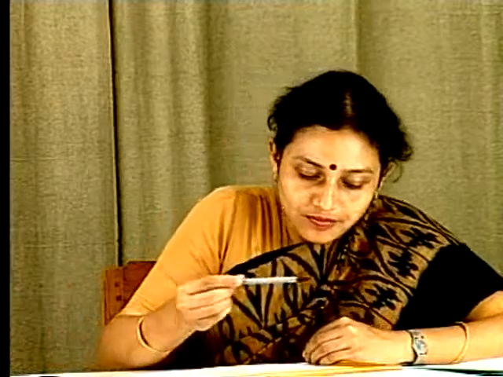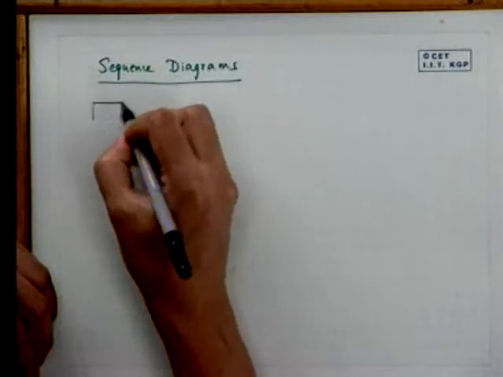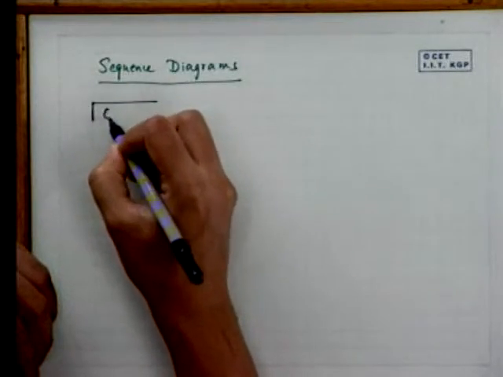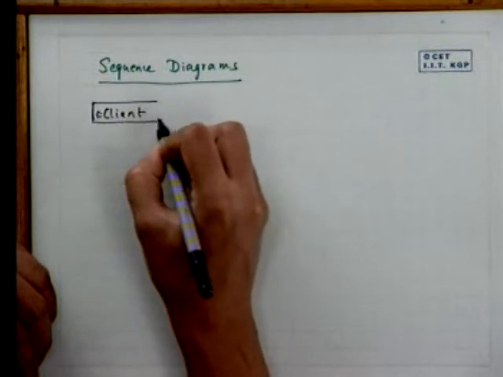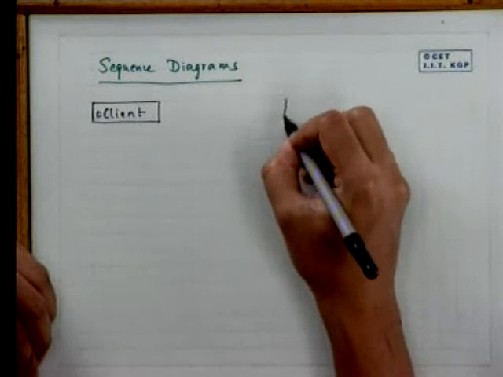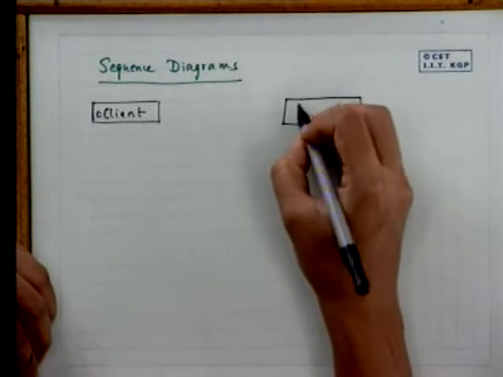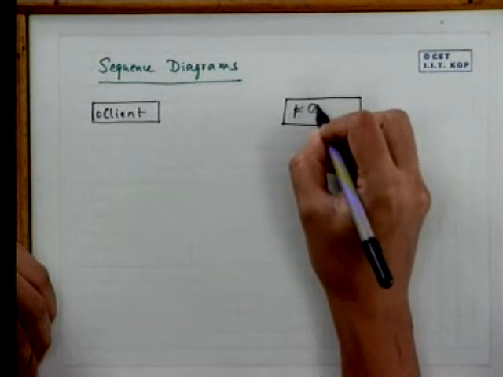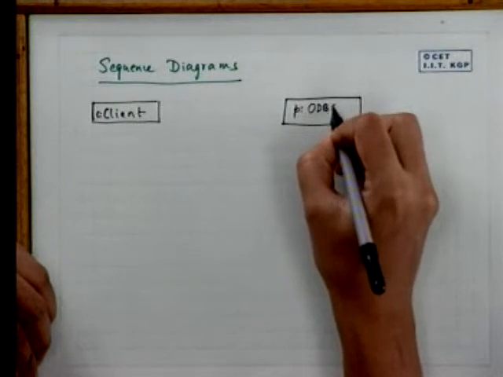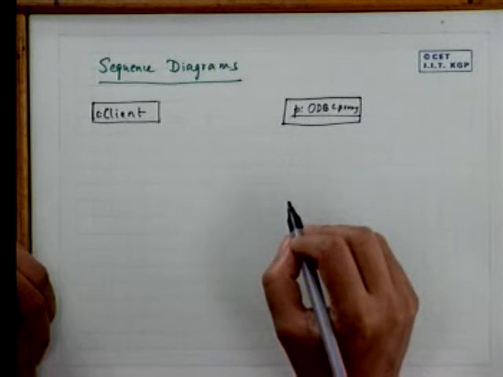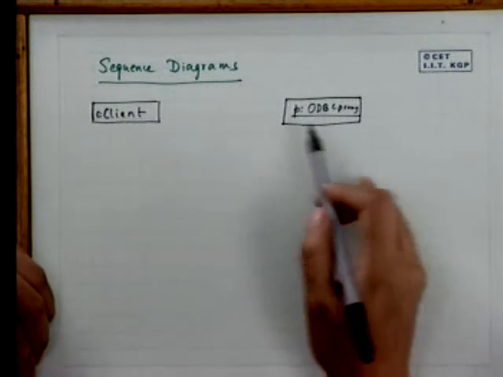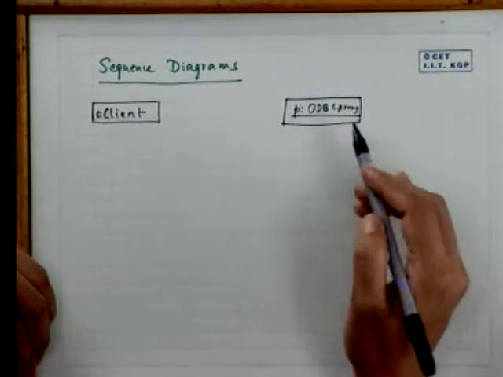an ODBC proxy. So the two objects here are a client. We want a particular object, a C of type client, and P is an instance of an ODBC proxy. And we want to model a transaction between this client and this proxy server.